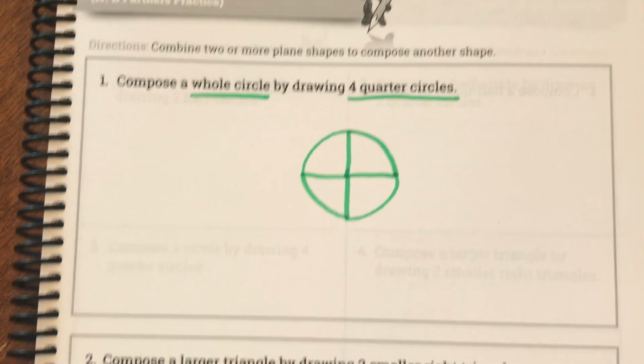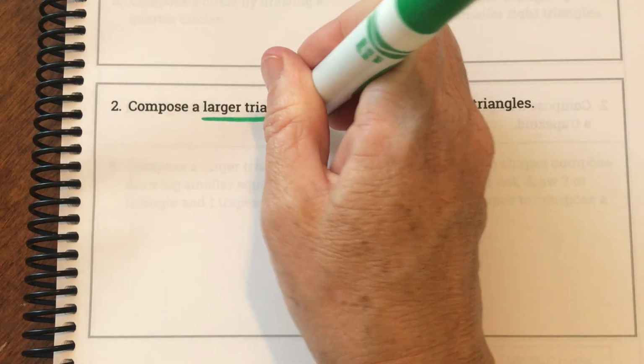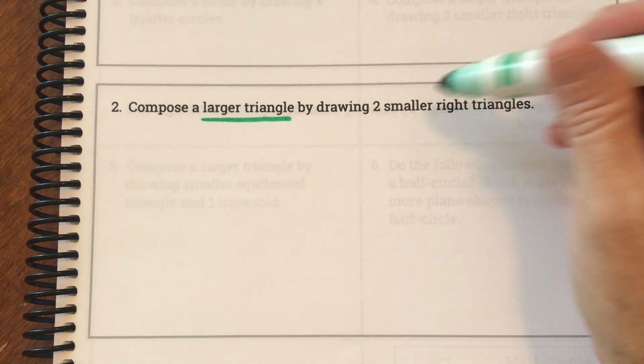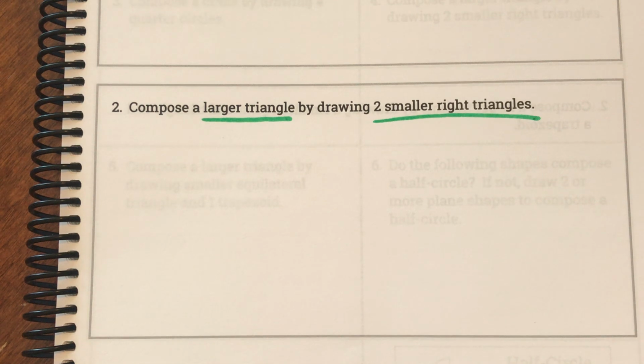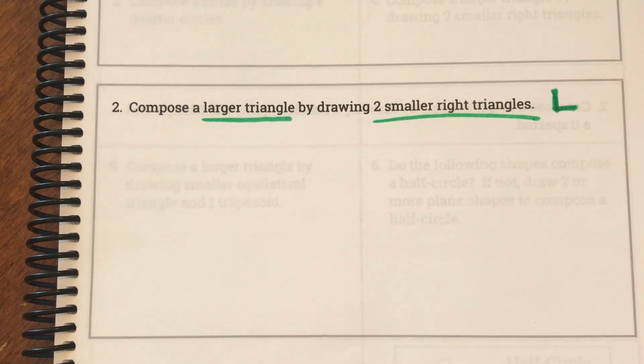Okay, let's look at our next one. It says they want us to compose a larger triangle by drawing two smaller right triangles. So they told us how we have to do this. A right triangle, remember, has to have some sort of L in it.